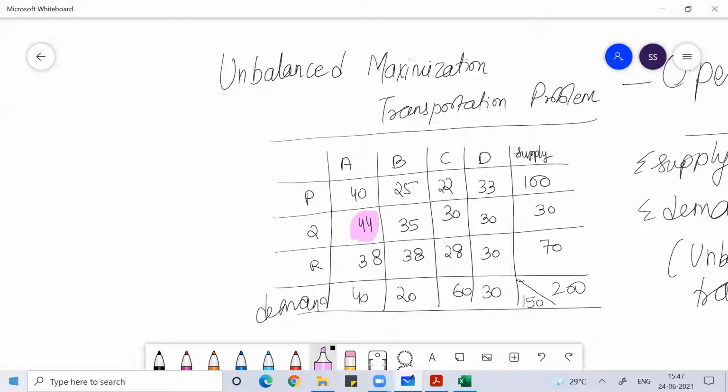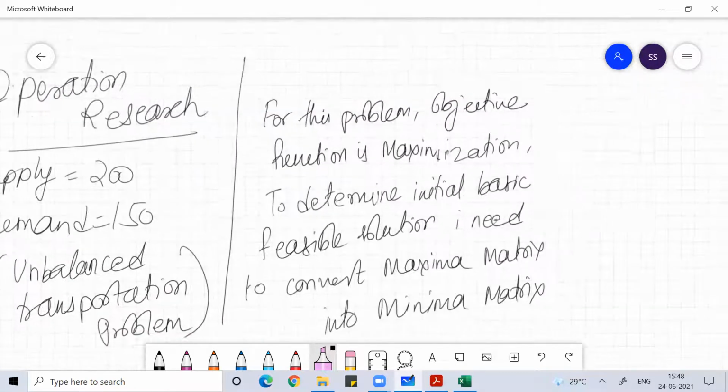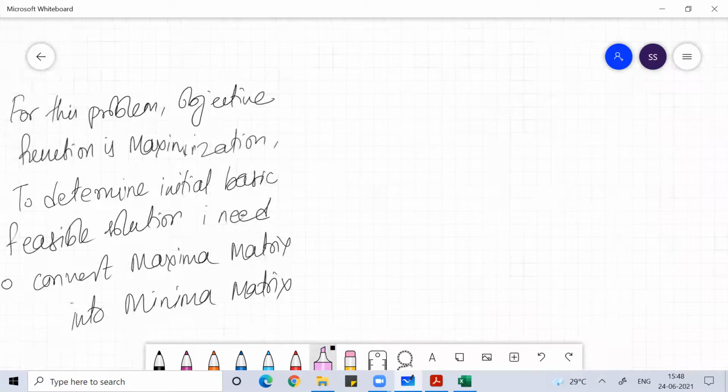For that, you will find the element which is maxima here, which is 44. So I'll subtract all the elements of this matrix from 44, and thereby I'll convert this maximal matrix problem into a minimal matrix problem. I hope you are understanding.